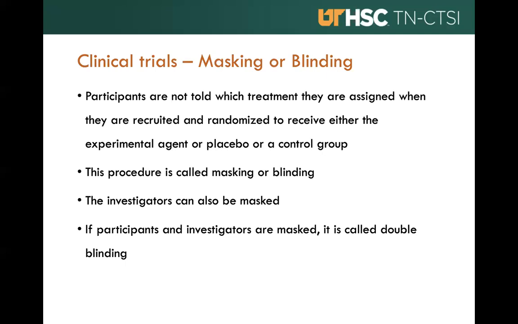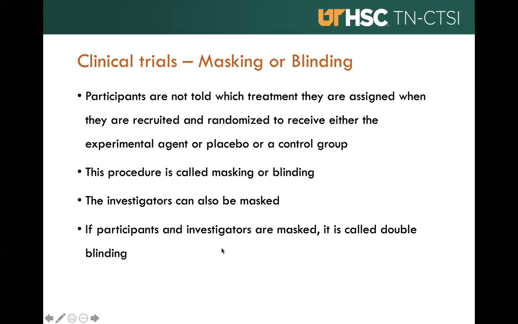When the investigators and the participants are masked, we say there is double blinding, which refers to the participant and investigators being unaware of what treatment arm the participant is on.